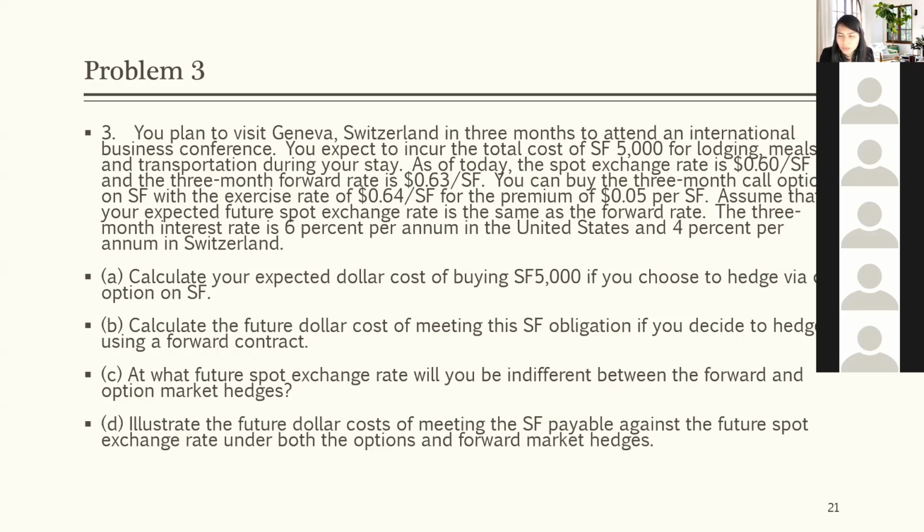The amount that you have to pay is 5,000 Swiss francs. As of today, your spot exchange rate, so this is your S0, is 0.60. The 3-month forward rate is 0.63. So this is F3.